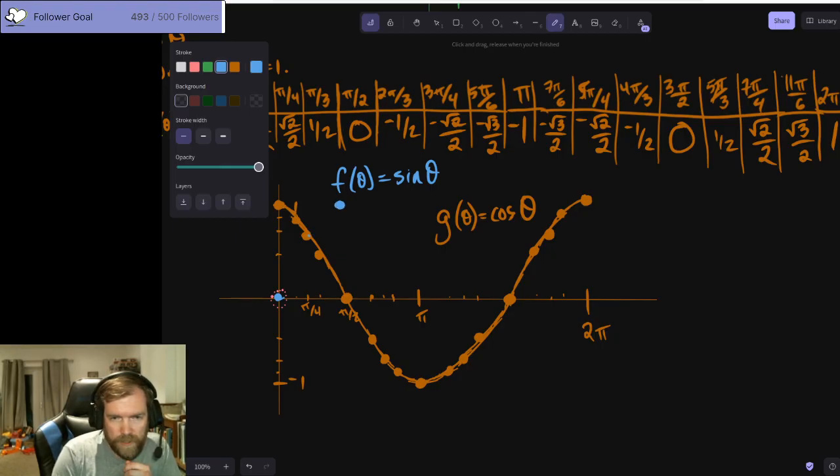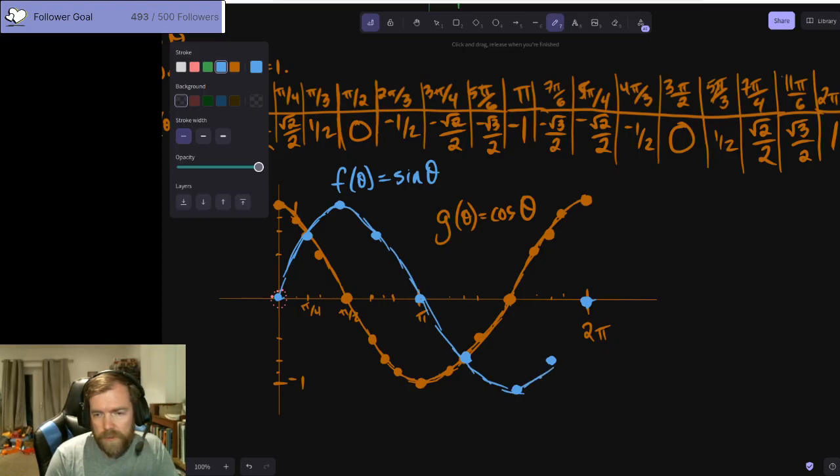We'd go through pi over 4 at the same place. Pi is 0. This one is here. This one also here. That is here. That one is here, and that one is here. So we'd end up with something that looks like that.